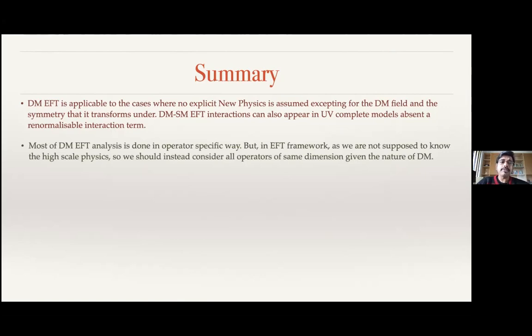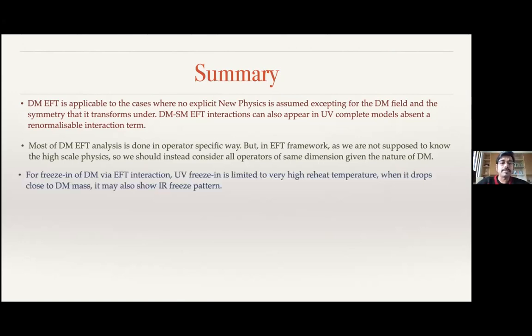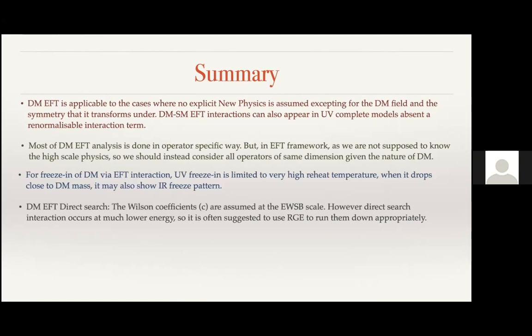Most of the DMEFT analysis is done in an operator-specific way, but when we consider an effective framework, we have to consider all operators on the same footing, because otherwise we specify the effective operator. Then when we consider the freeze-in of dark matter via effective interaction, the UV freeze-in is limited to very high reheat temperature. That is what was prescribed, but we see that if the reheat temperature is dropped, then it can also be.